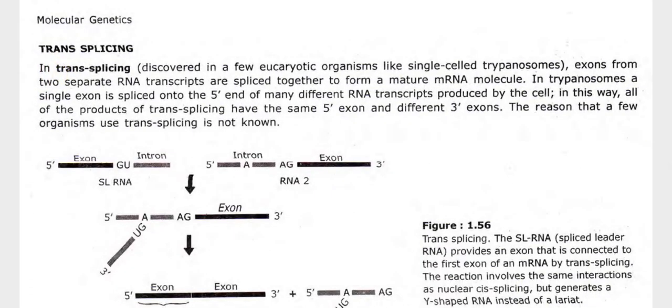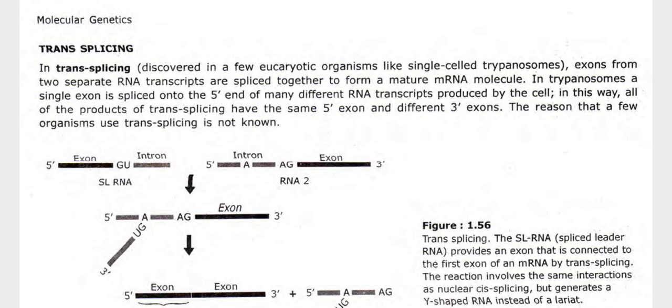So in trans splicing, discovered in a few eukaryotic organisms like single-celled trypanosomes, exons from two separate RNA transcripts are spliced together to form a mature mRNA molecule. In trypanosomes, a single exon is spliced into the 5' end of any different RNA transcript produced by the cell. In this way, all of the products of trans splicing have the same 5' exon and different 3' exons.